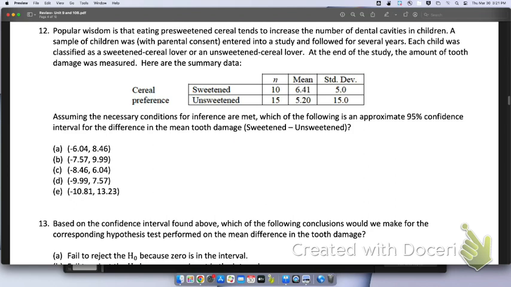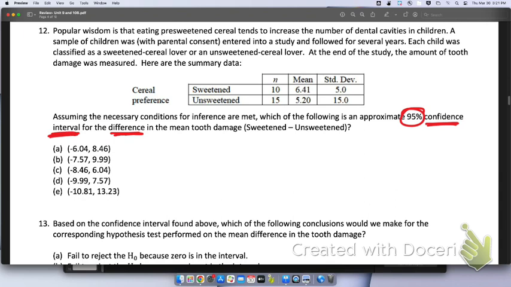Each child was classified as a sweetened cereal lover or an unsweetened cereal lover. At the end of the study, the amount of tooth damage was measured. Here are the summary data. Assuming the necessary conditions for inference are met, which of the following is an appropriate 95% confidence interval for the difference in the mean tooth damage?